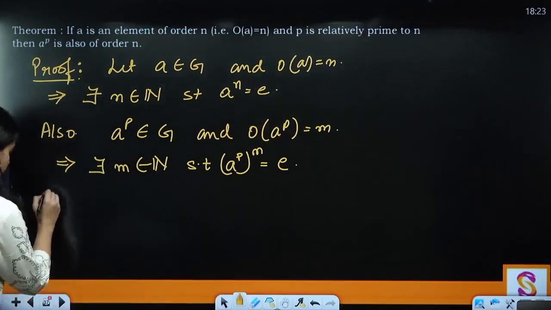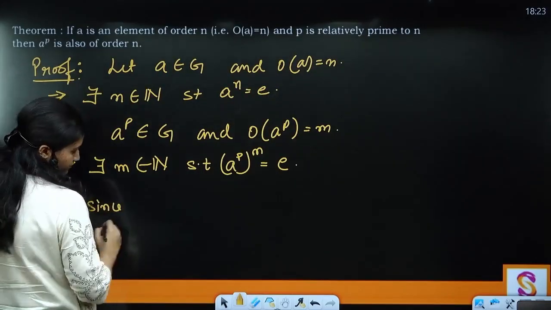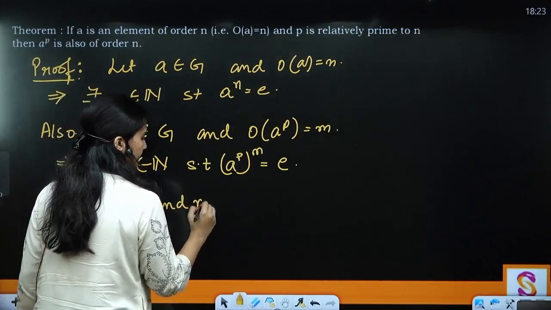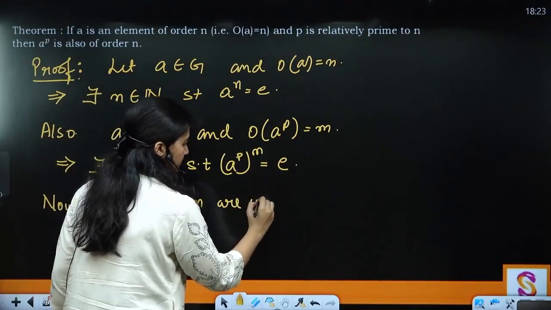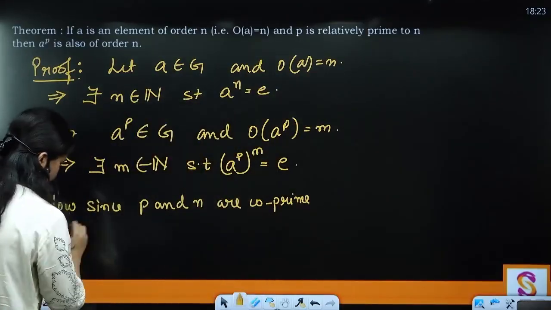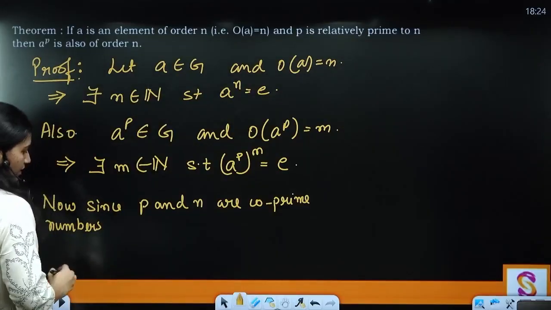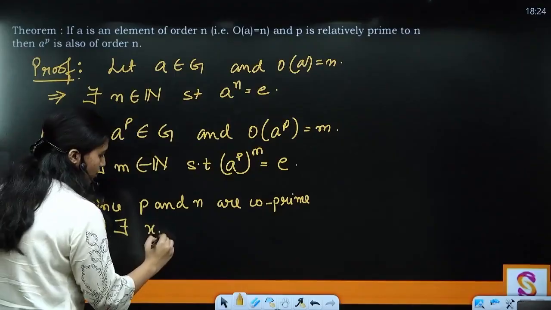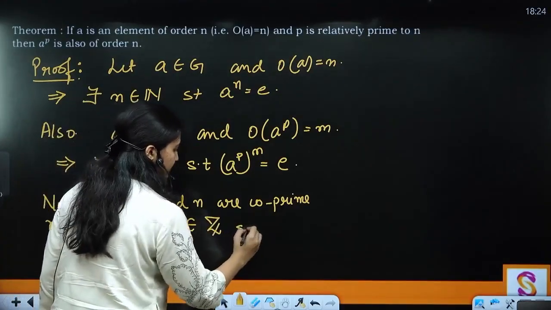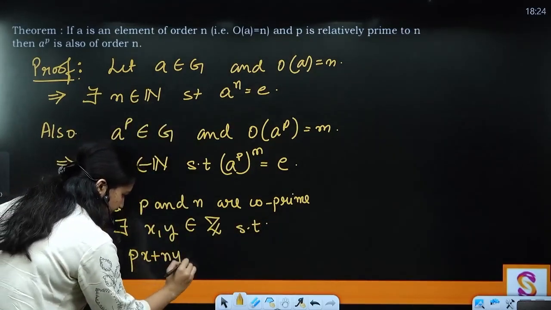Now since p and n are co-prime numbers, there exist x, y belongs to integers such that px plus ny equals 1.